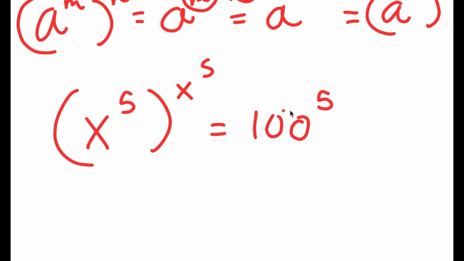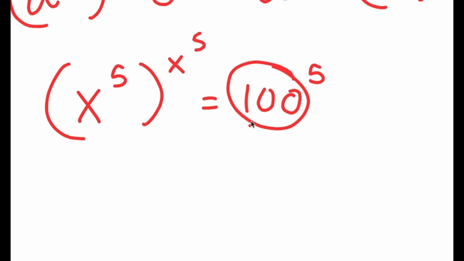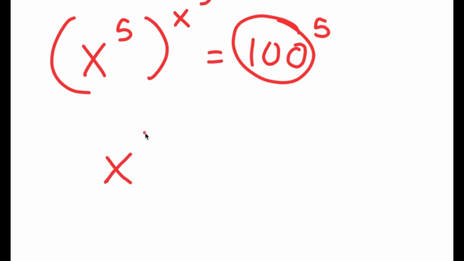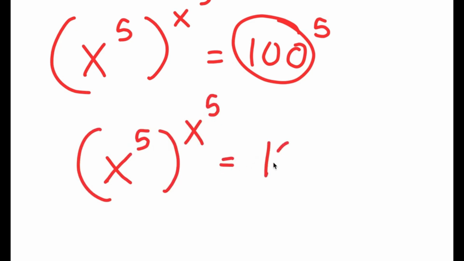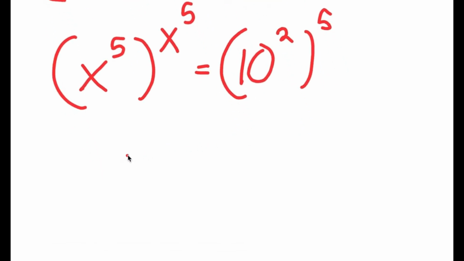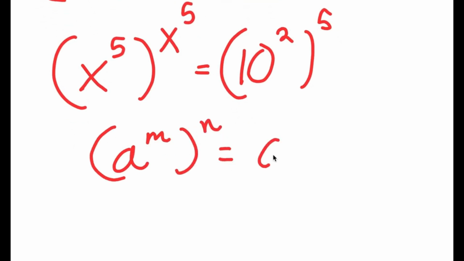So from here, I'm going to rewrite 100 as 10 squared. So now I get (x^5)^(x^5) is equal to (10^2)^5. And again, if I have something in the form (a^m)^n, this is equal to a^(m times n).